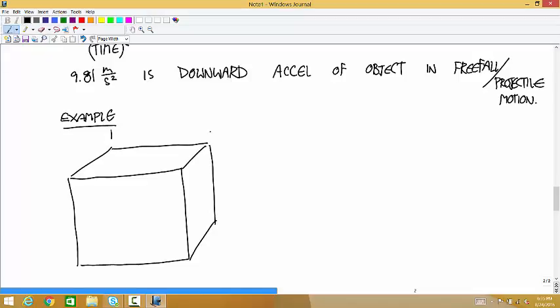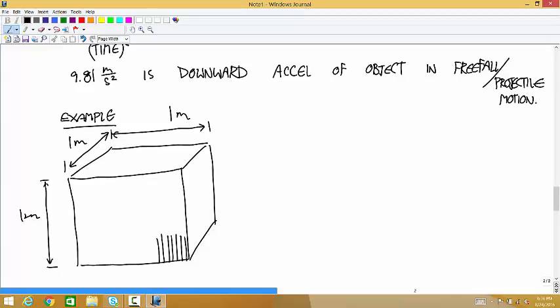And let's say that all the lengths are 1 meter. And this box is made up of a stack of centimeter cubes.